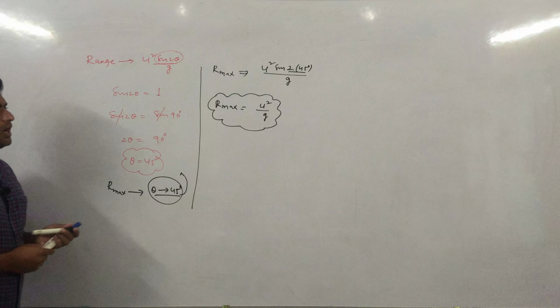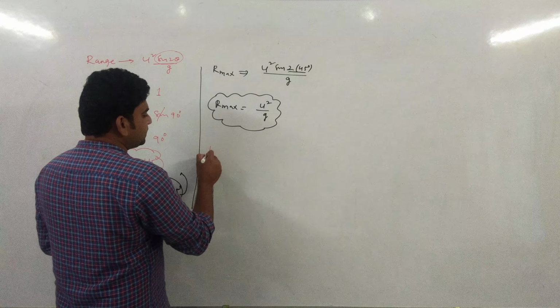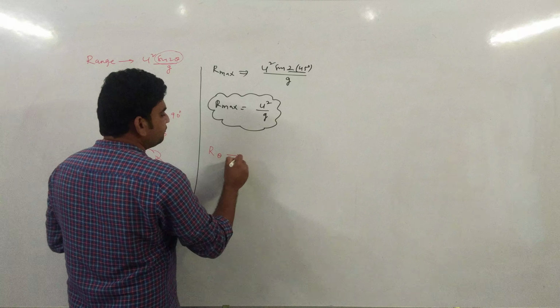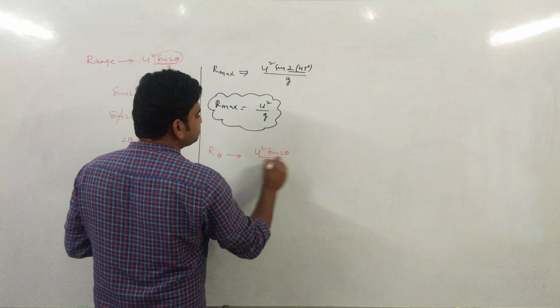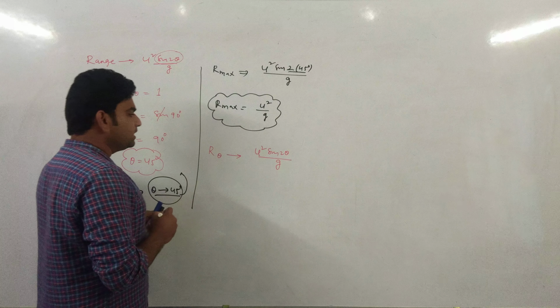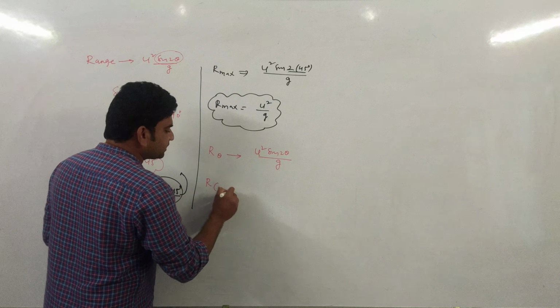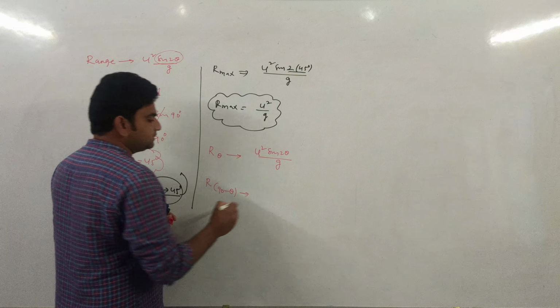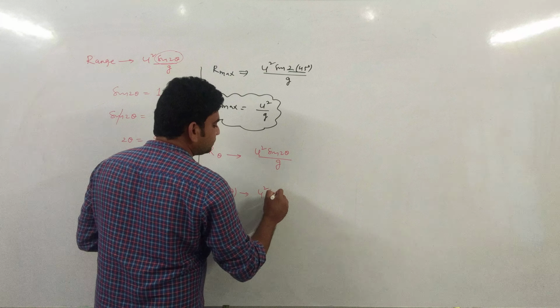Moreover, I would like to give one clarification here. For example, if I consider my R value at theta, we have the formula u square sine 2 theta by g. Now, if R value is at 90 minus theta, that means for the complementary angles, this formula will be the same.